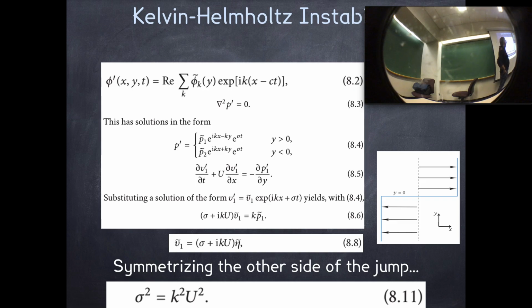We have a sum here, but then we don't really have a sum here. Why? How do we get away with that? Exactly.